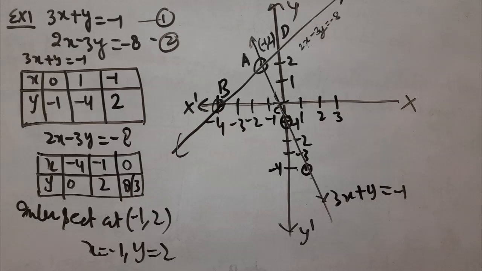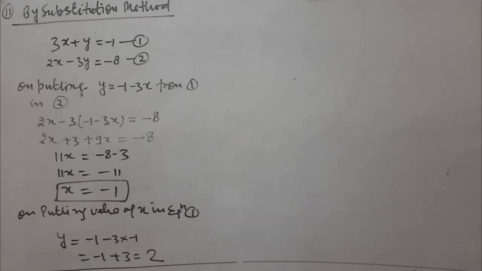Now we will discuss the same example by the substitution method. In the substitution method, you have to put the value of x in terms of y or y in terms of x from the first equation into the second or from the second equation into the first. Now from the first equation, putting y equals minus 1 minus 3x in the second equation: 2x minus 3 into minus 1 minus 3x is equal to minus 8.